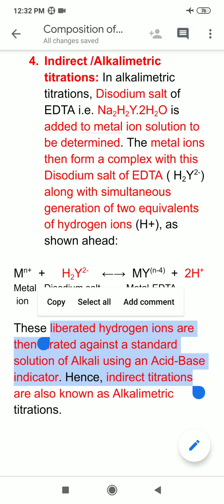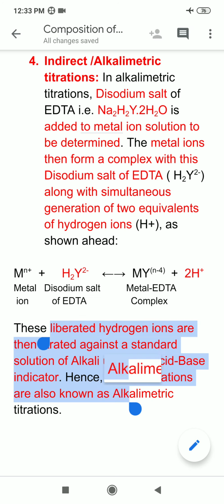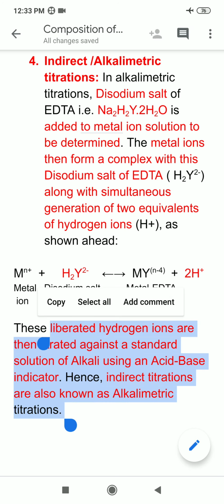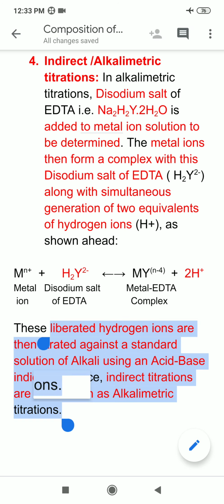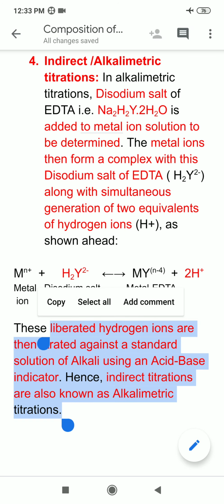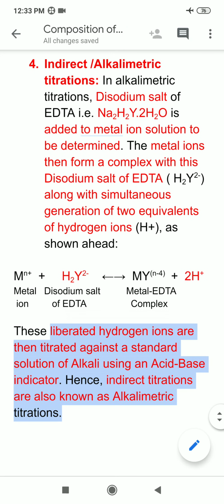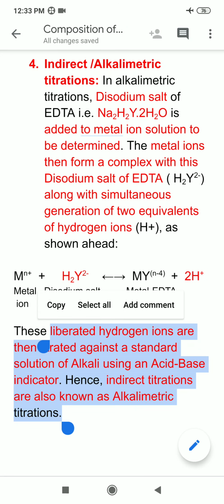Further, in this case, we are determining the amount of acid produced by using an alkali solution. So indirect titrations are also known as alkalimetric titrations. So that was all regarding different types of complexometric or EDTA titrations. Thank you.